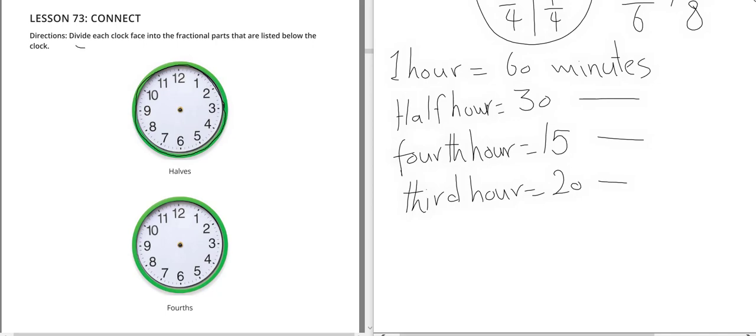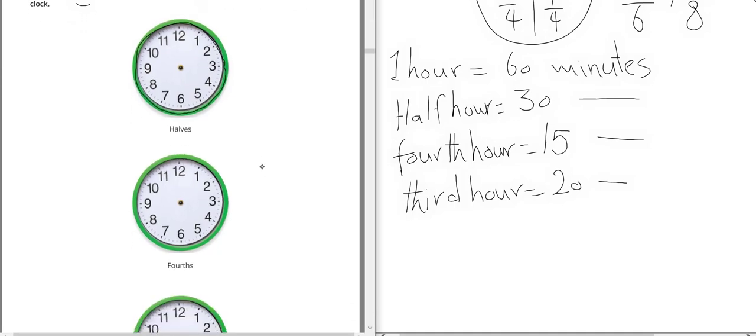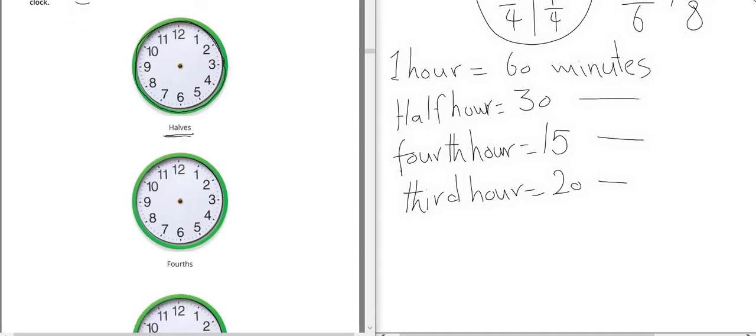Here, divide each clock face into the fractional parts listed below the clock. At the first, into halves. Okay, half hour equals 30 minutes. To pass 30 minutes, we know that between two numbers there are 5 minutes.